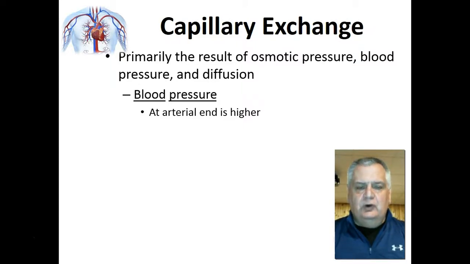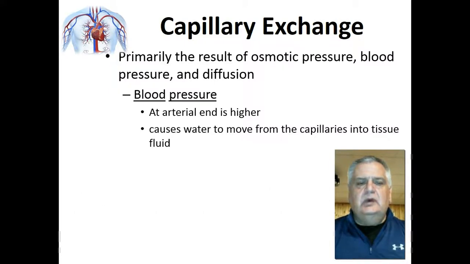The closer you are to the heart, the higher the blood pressure is. The further away from the heart you get, the lower the blood pressure is. So the arterial side of the capillary bed, the blood pressure is always going to be higher than it is going to be on the opposite end, or the venous end of the capillary bed, where the capillaries come back together to form the venule.